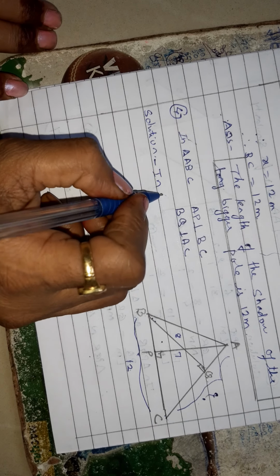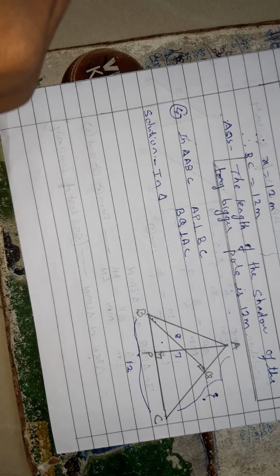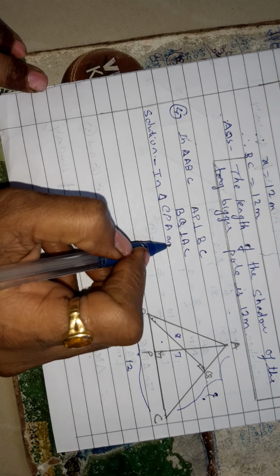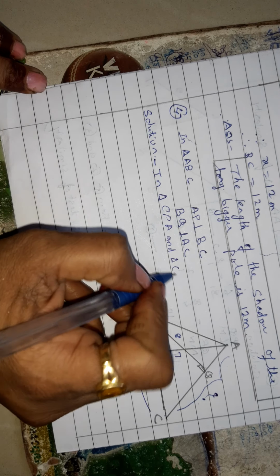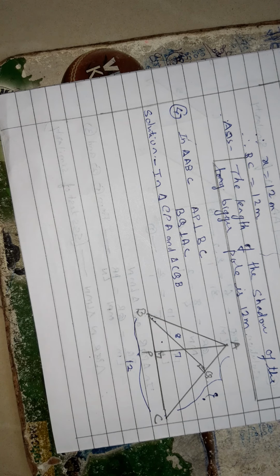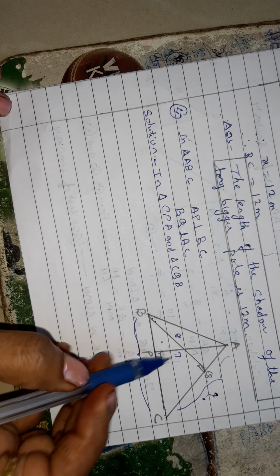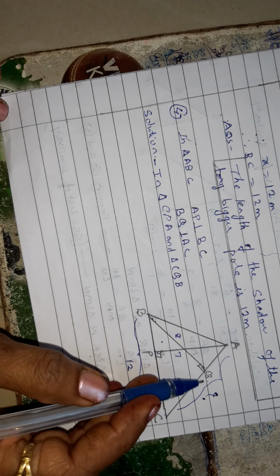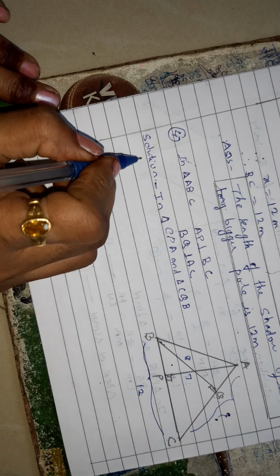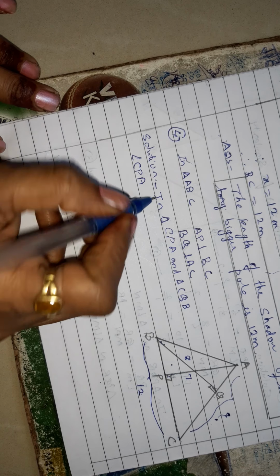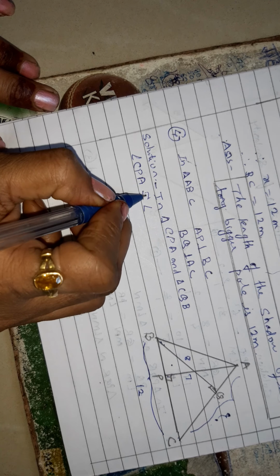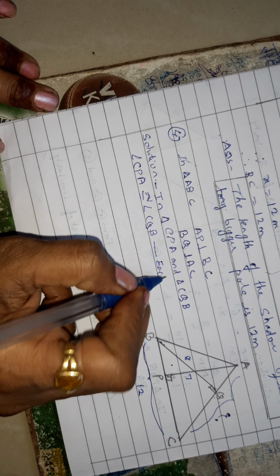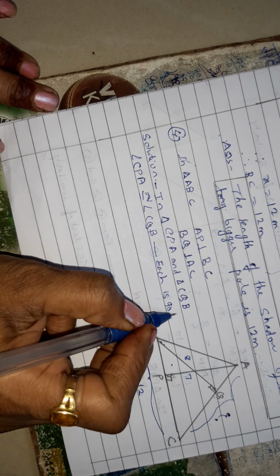In triangle CPA and triangle CQB, this is CPA, P is 90 degree, in CQB, Q is 90 degree. So write down angle CPA is congruent to angle CQB, each is 90 degree.